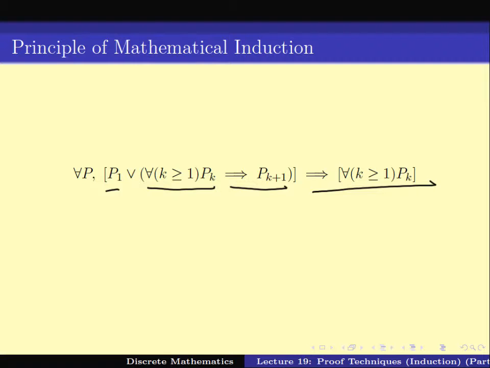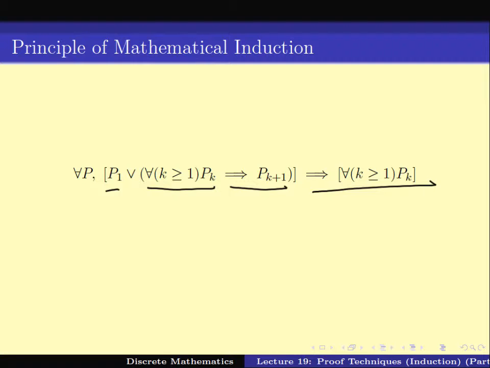So this is a very useful proof technique to have. We have already seen quite a number of applications of this proof technique, and we will keep on seeing more and more interesting problem solving using this proof technique.